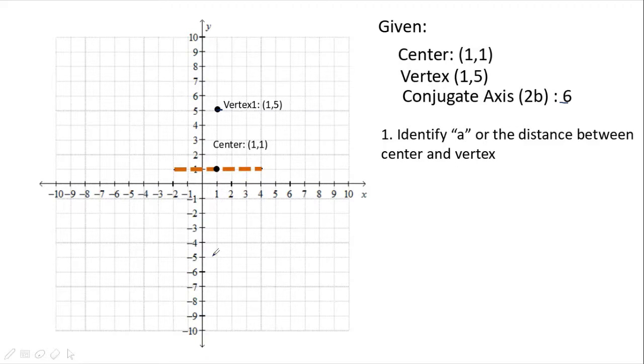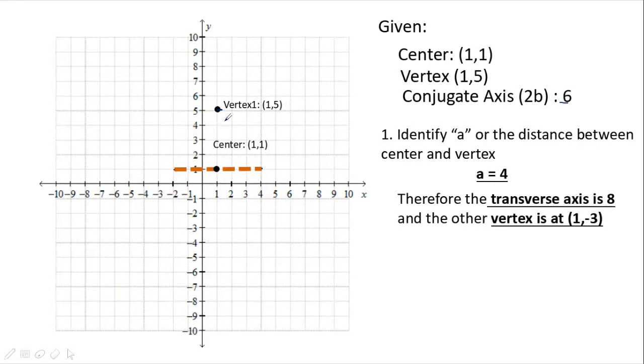First, we need to identify our a, also known as the distance between the center and the vertex. We can count the units: 1, 2, 3, 4. So our a is 4, or the distance between center and vertex is 4. Therefore, the transverse axis is 8, and the other vertex is at 1, negative 3.